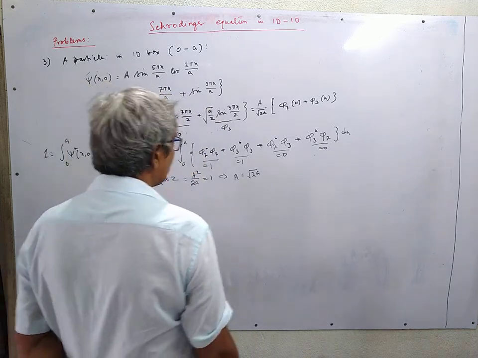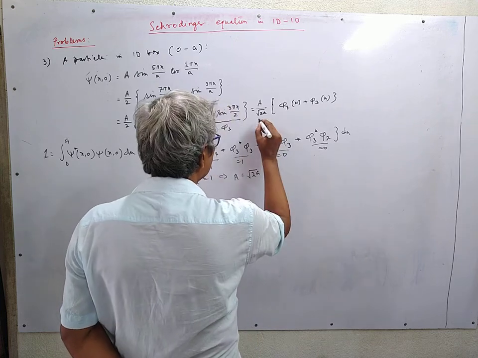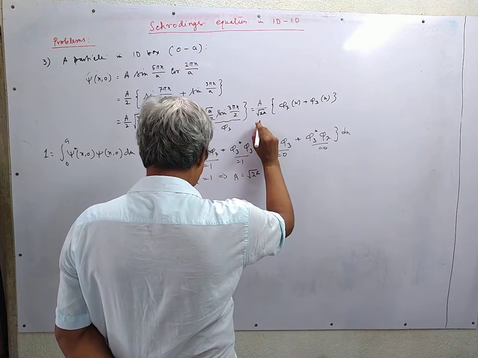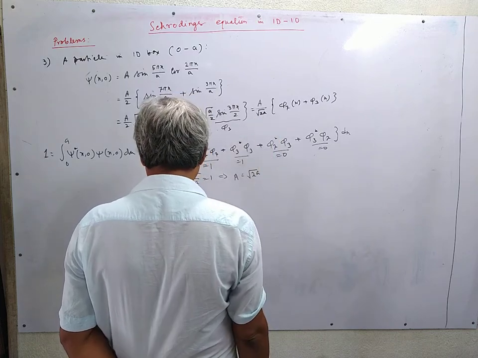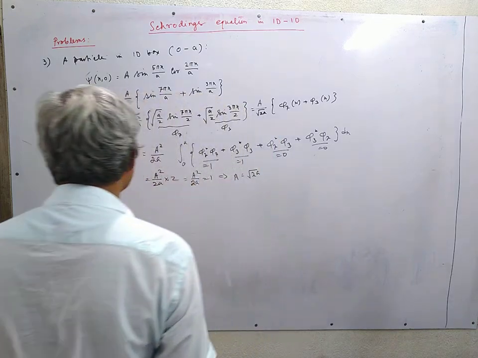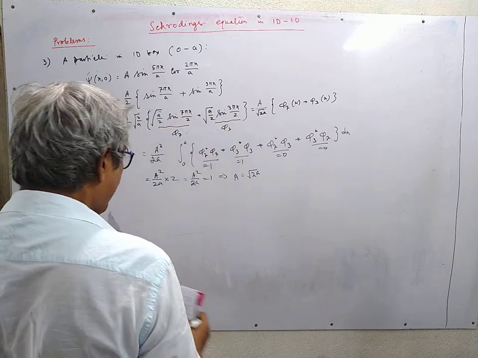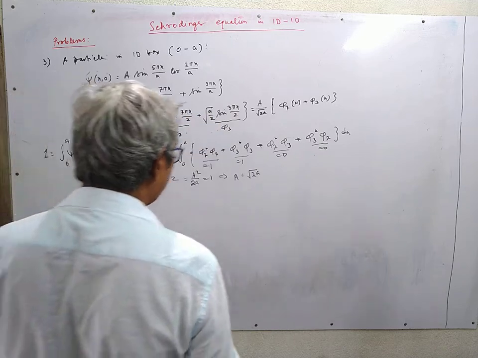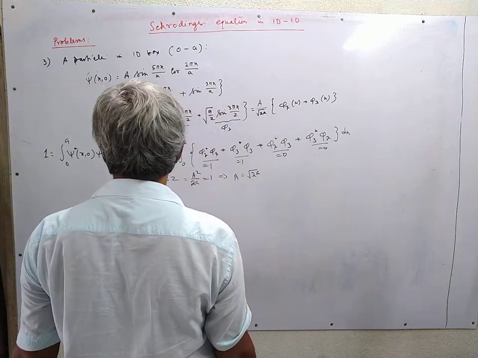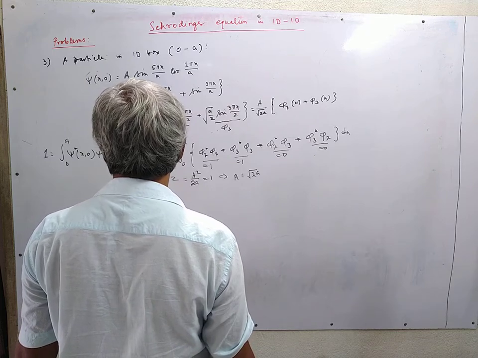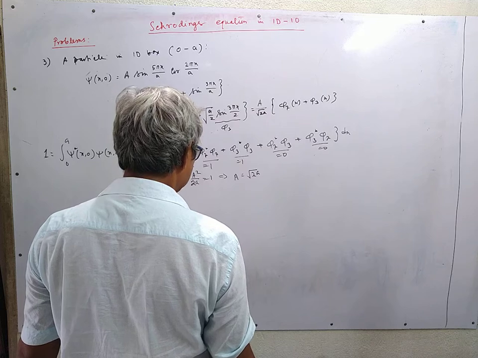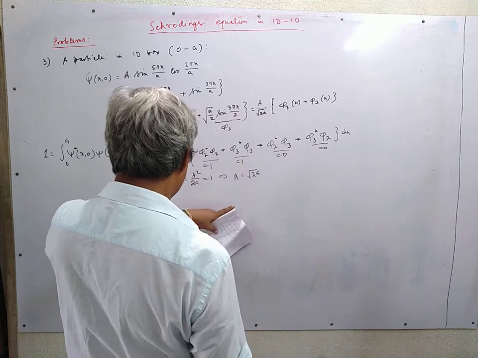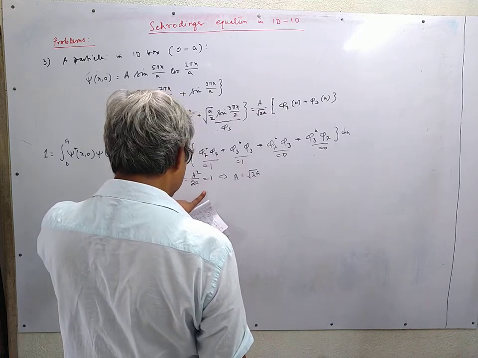So A is equal to root 2a. So a by this factor should be 1 by root 2. I have made some mistakes somewhere.